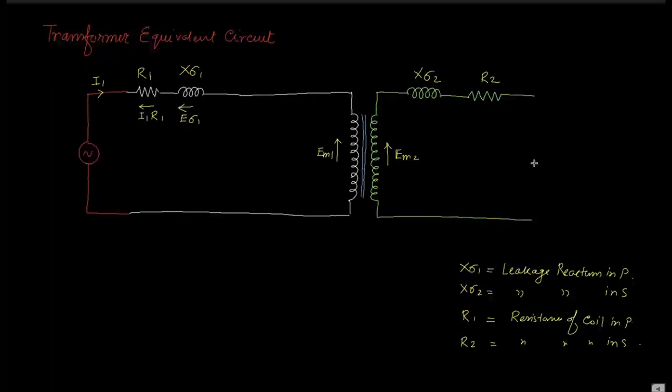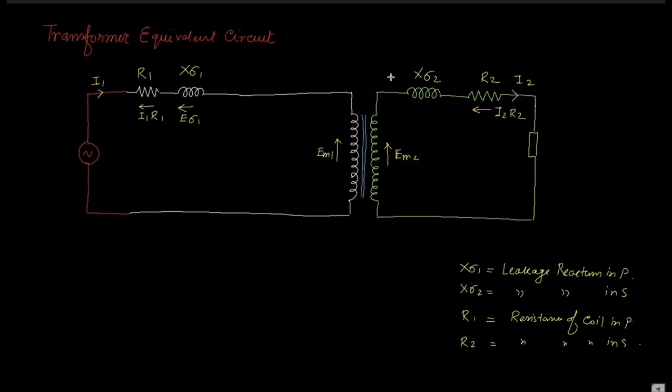Likewise, if you short this circuit, then there is some secondary side current flowing, which can be considered as I2. So I2R2 is the voltage drop across R2.